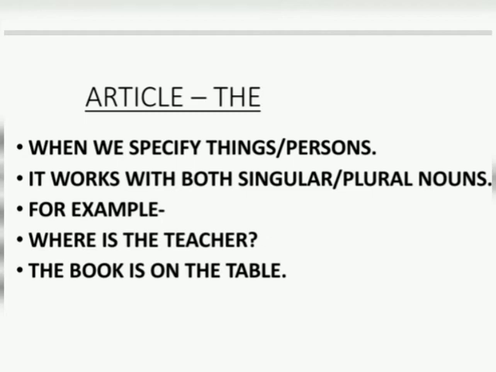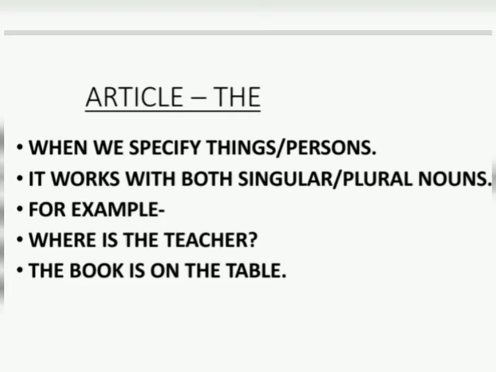The above examples are talking about a specific thing or person. Here in the first sentence, we want to know where the particular teacher is. In the next example, you can see we are talking about the specific book.